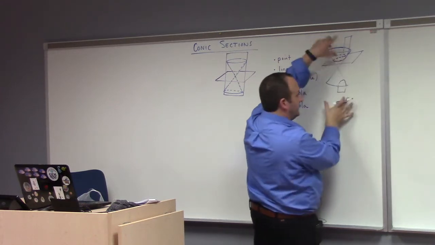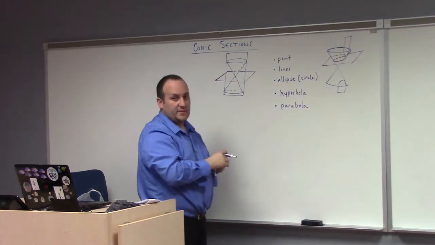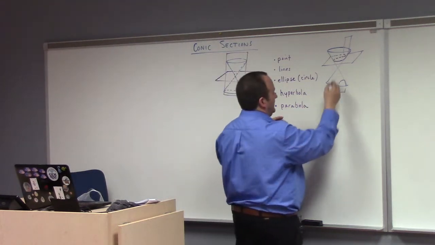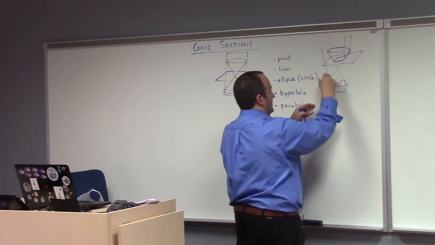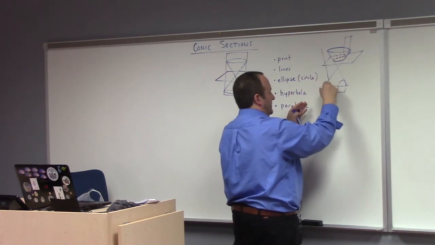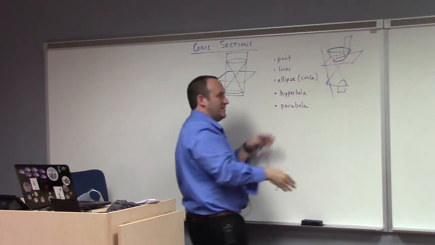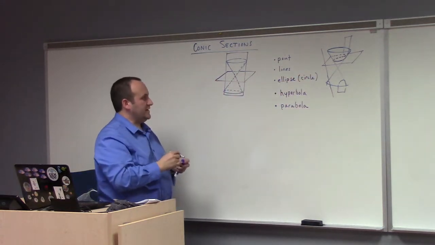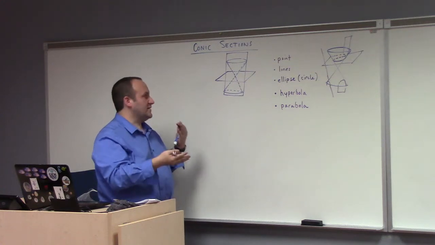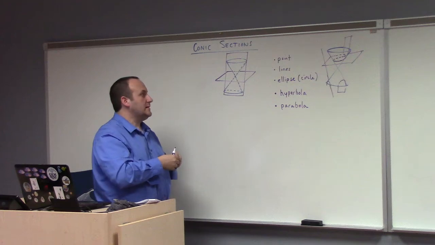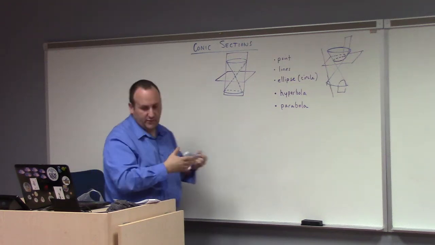So you get a hyperbola like that. Or if you had a slice that just hits one of the cones, it would give you something like a parabola. It's a horrible picture. Anyway, these are the conic sections that are possible. The reason they're called conic sections is it's like you're cutting a cone. Section means cut.